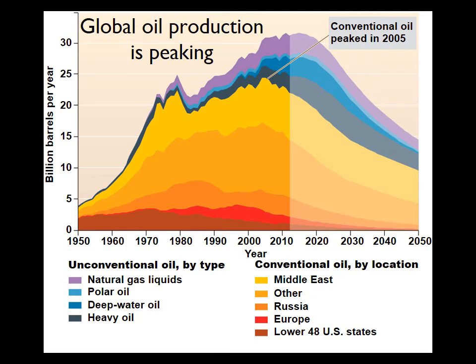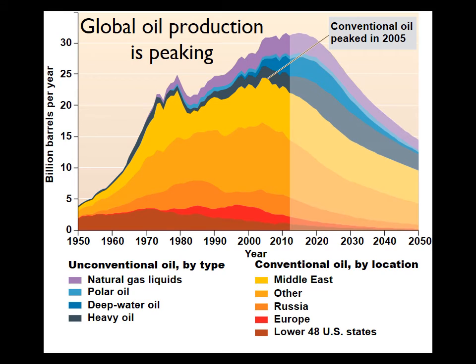So global oil production, again, in this estimate has a little bit earlier peak. This has 2020, but conventional oil, in other words, oil that is extracted not from offshore oil or polar oil or deep water, actually peaked in 2005.